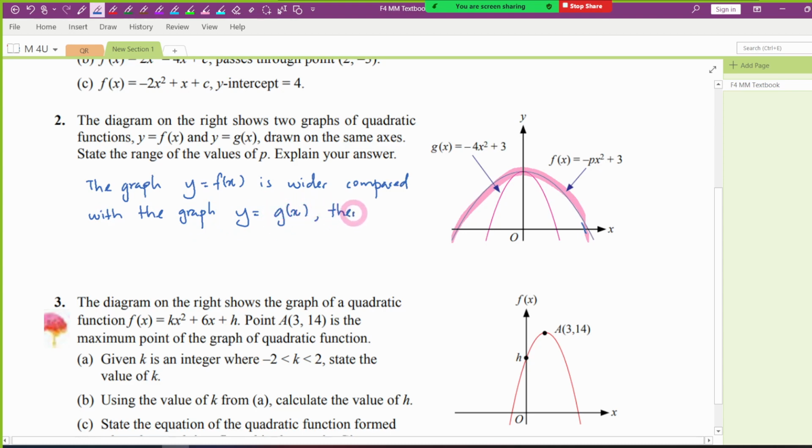Therefore, p is less than 4. Okay, now we know p is less than 4, but this is not the final answer yet.